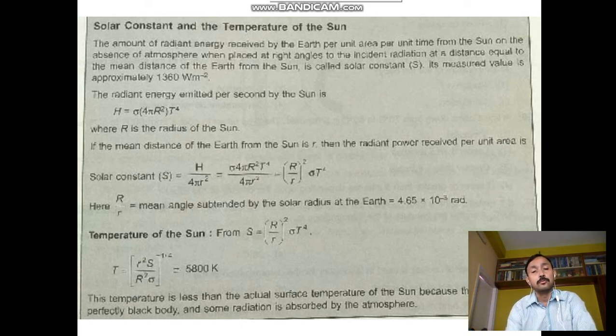Putting all the values, the temperature becomes 5800 Kelvin. This temperature is less than the actual surface temperature of the sun, because the sun is not a perfectly black body and some radiation is absorbed by the atmosphere.